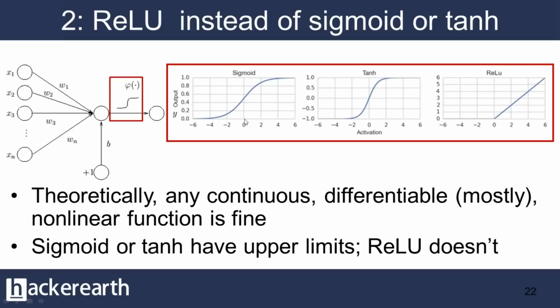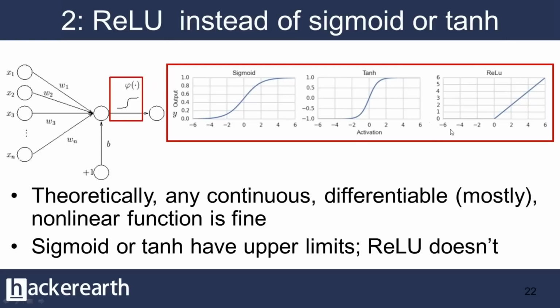A step function would stay at 0 and then jump suddenly to 1 and then stay at 1. We need a differentiable function because when we tune the weights, we want to know whether to slide to the left or slide to the right. If it is flat, if it is not differentiable, if the derivative is 0, then we wouldn't know where to slide. And the tanh function was very similar to that, except that it went from -1 to 1.